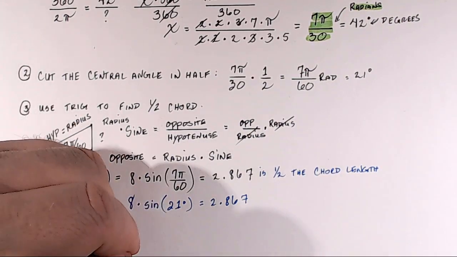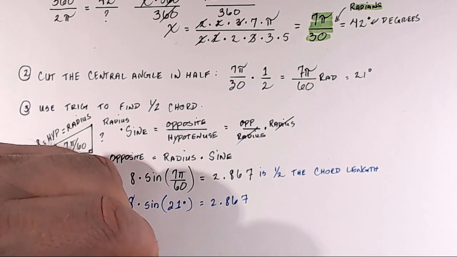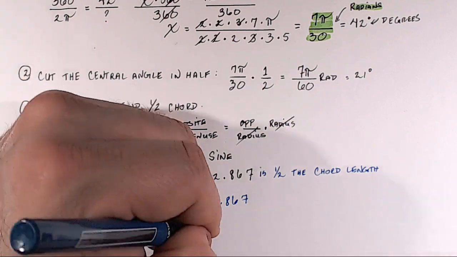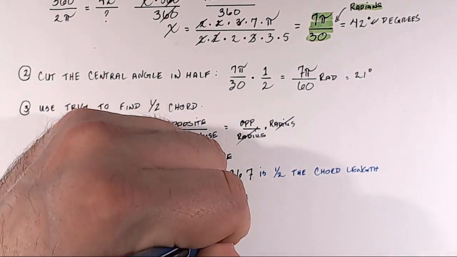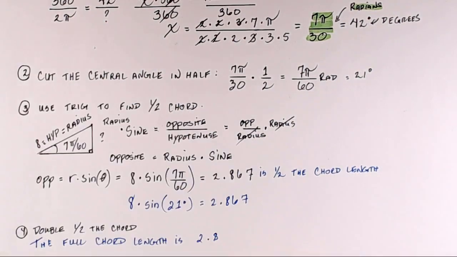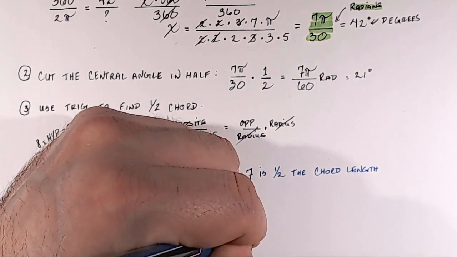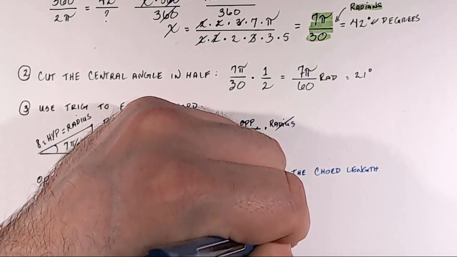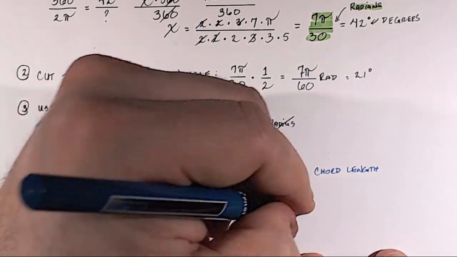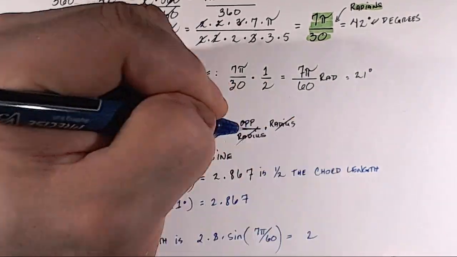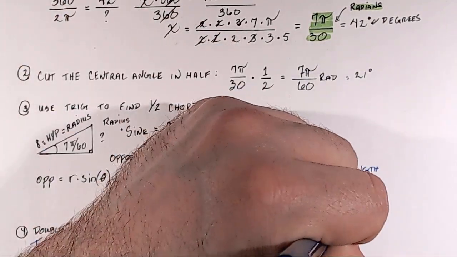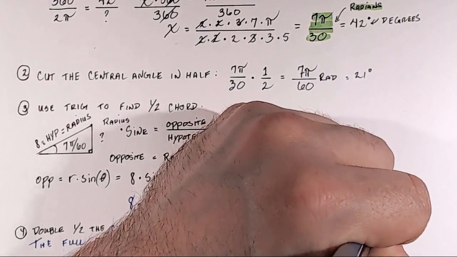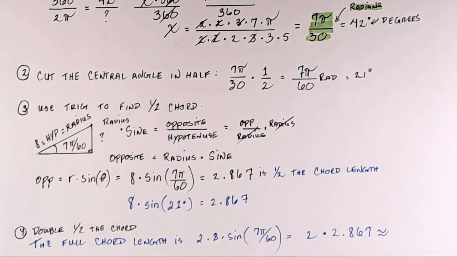The full chord length is twice what we just got, and what we did was 2 times 8 times sine of 7 pi over 60 radians, which was approximately equal to 2 times 2.867.